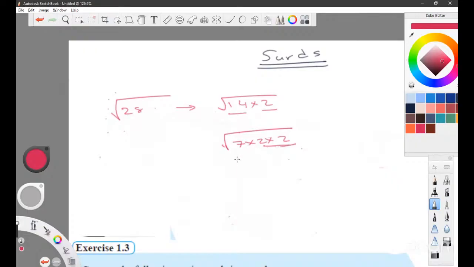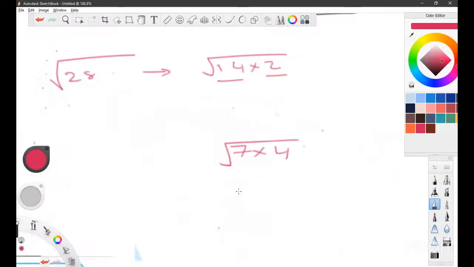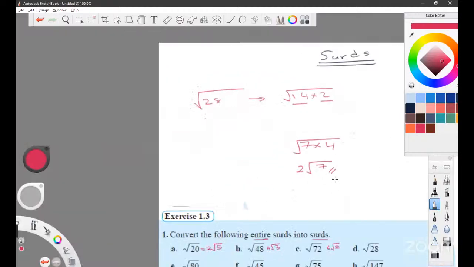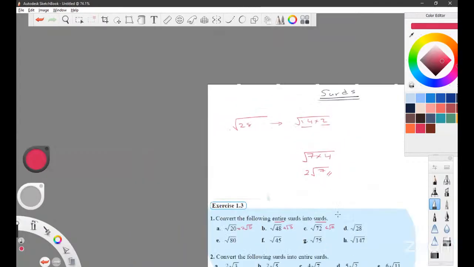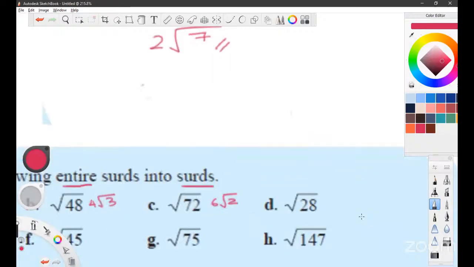That means 7 times 4. You can skip these steps, okay? 7 times 4 makes 28. That means what? 4, you can write it as 2, right? Outside the surd as a number. 2 root 7 will be the answer for square root 28.